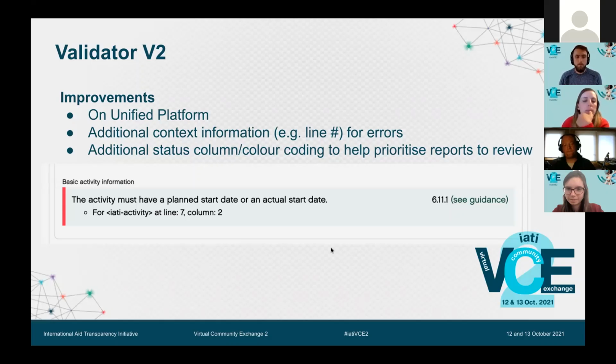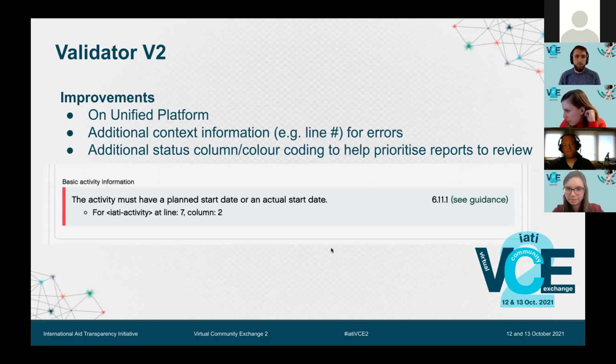In terms of additional visual improvements, we have some additional context information, like a line number and a column number for the errors provided. That was part of the rewrite of the backend and the core validation logic with the Validator API that enabled us to add and enhance that portion of the validator.